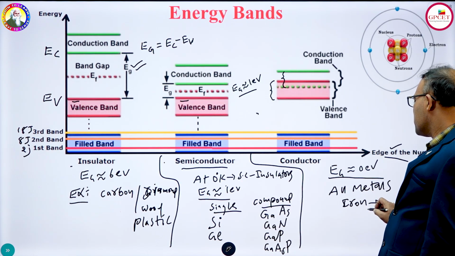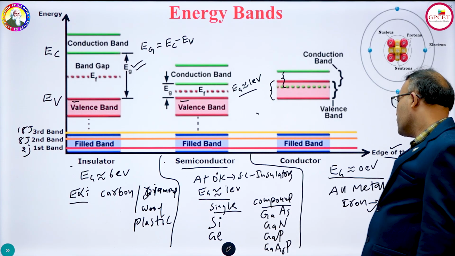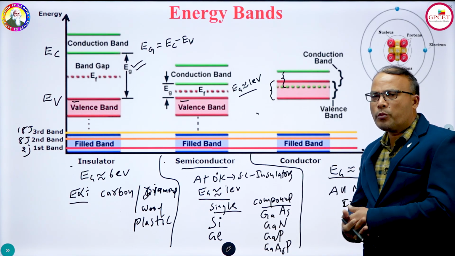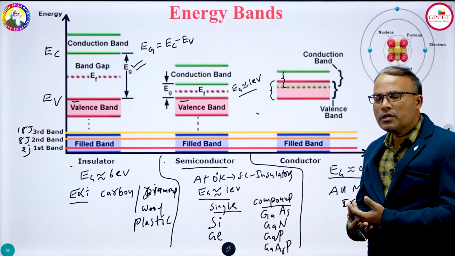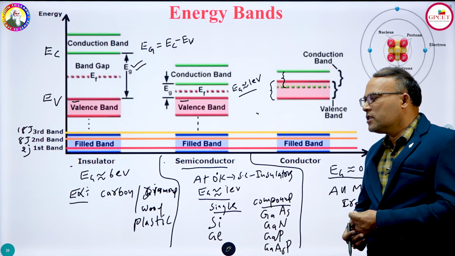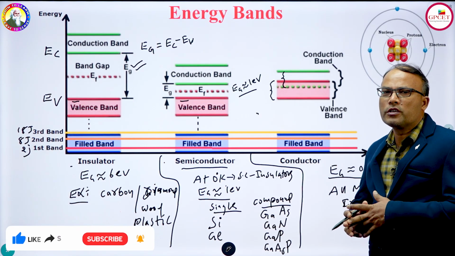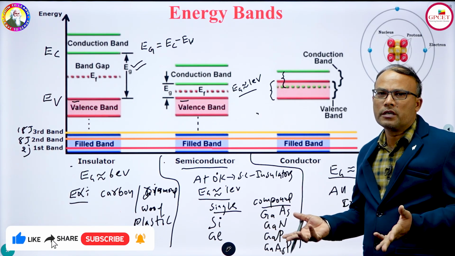Iron is the best example of a conductor, because there is not even a threshold point. Definitely, if you give light energy, immediately current flows in the device, and that has been observed in conductor devices.